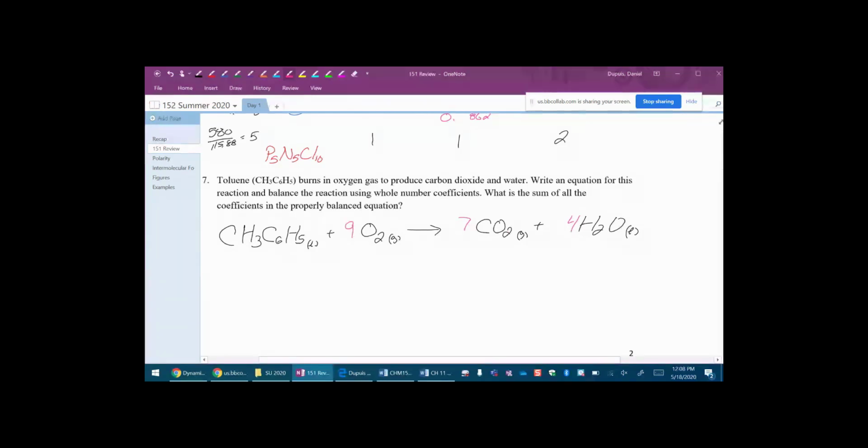Put a 9 there. Now, what's the sum of all the coefficients? Make sure you have the 1 there. So it's 1 plus 9, 10, 17, 21. All right, because that 1 is there. Whether we write it or not, there's still 1 mole in front of that. The coefficient is 1. But there you go.